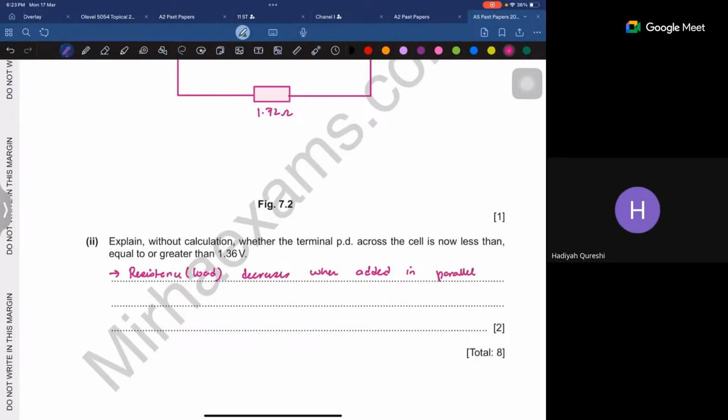So if the resistance decreases, current increases in the circuit. Hence, voltage lost, which is equal to I times r, increases. So terminal potential decreases. This is a classic question, it comes a lot of times.